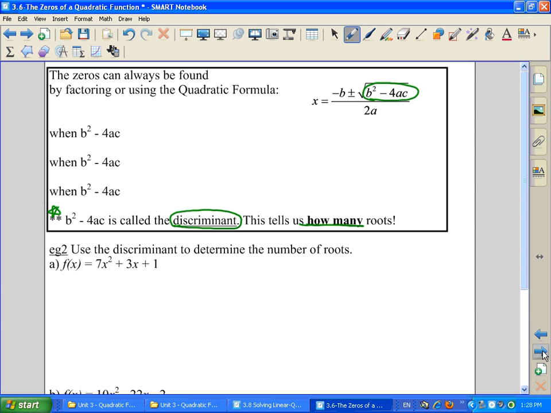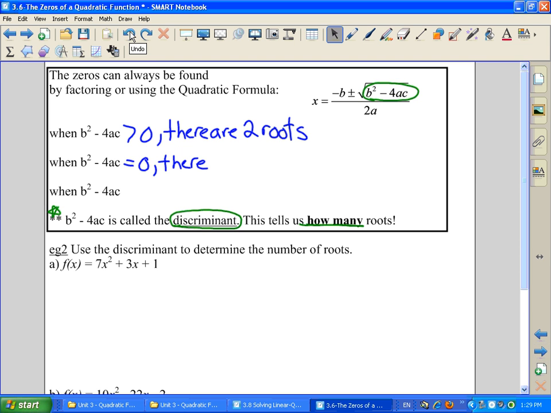So when b squared minus 4ac is greater than 0, there are 2 roots. Okay, when b squared minus 4ac is equal to 0, there is 1 root, just like the last example we did. My fault. Let me erase that. There is 1 root.